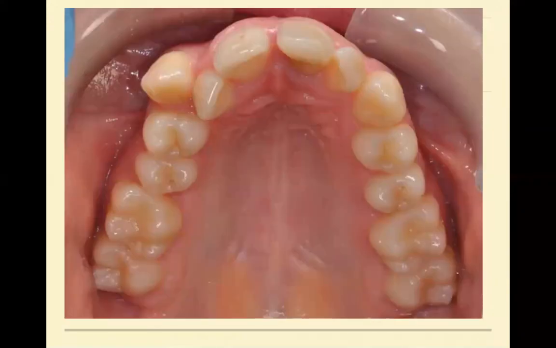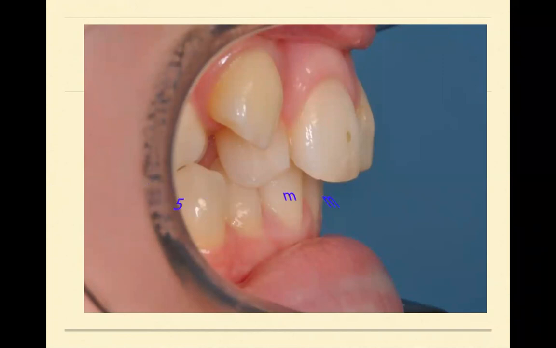And she has an overjet of 5 millimeter. So in order to reduce this overjet to 2 millimeter, we need 3 millimeter of space on each side, which gives 6 millimeter in both sides. And already I need 6 millimeter. That means I need 12 millimeter of space to relieve crowding and to correct the overjet in the upper arch.